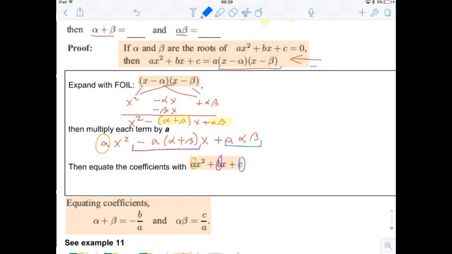You notice that the x's are not part of the coefficient, so that's why they're not written there, okay? So now I can write that the c coefficient is equal to a times alpha times beta, or if I wanted to put the Roman letters on one side and the Greek letters on the other side, I would divide both sides by a, and I would say c over a is equal to alpha beta.